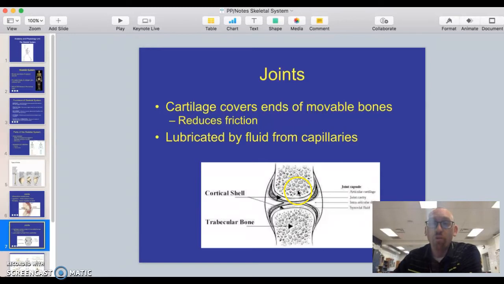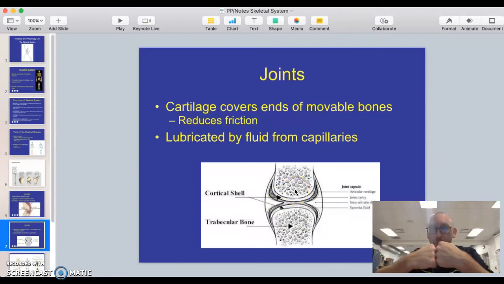Now, as people get older, sometimes this cartilage breaks down, or sometimes you'll hear about athletes that tear their cartilage, and all this other stuff like their rotator cuffs, and they have tremendous pain. It's because this cartilage is damaged, and then the bones start to rub against bone.